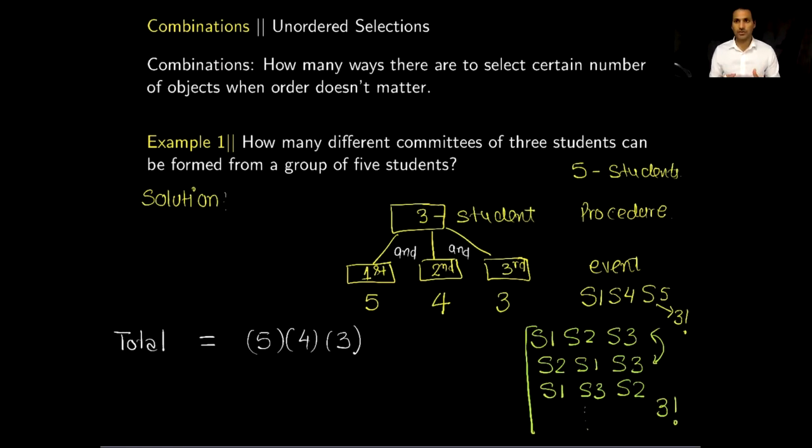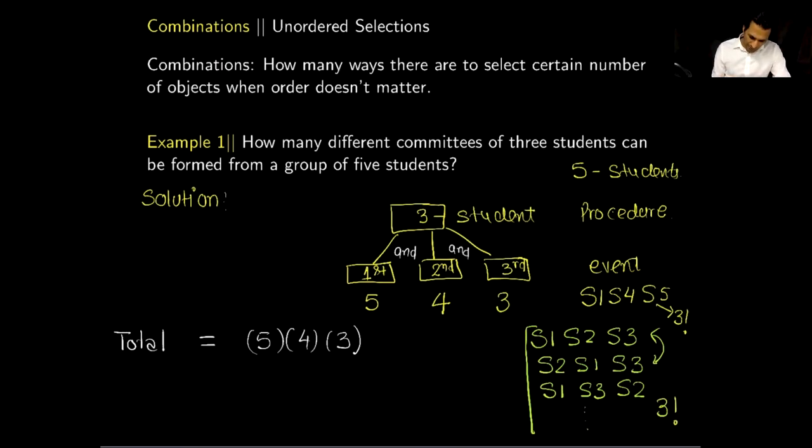We can use the division rule, because in this case the total number of ways can be divided into groups where each group consists of 3 factorial ways which are identical. No matter which combination of 3 students you pick, there are 3 factorial ways corresponding to that combination.